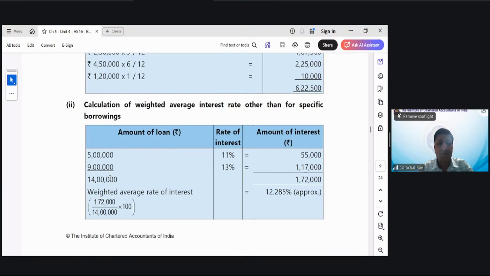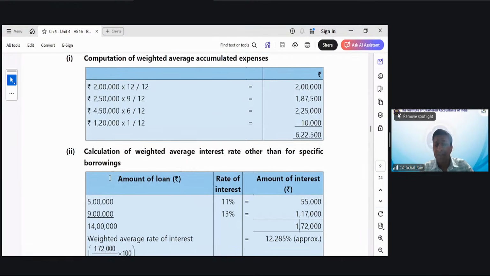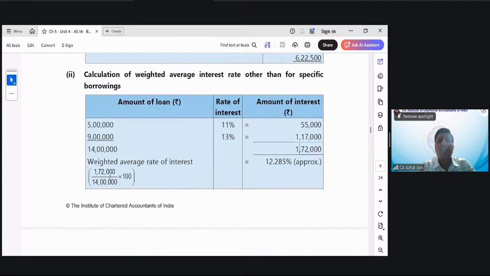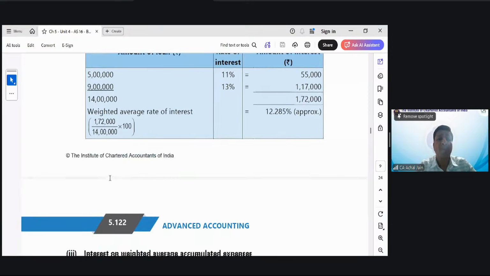Yeah. Next. So there are two steps we have looked at. First, we calculated the weighted average of the amount spent on the project. Second, the weighted average interest rate in case of general purpose borrowings.